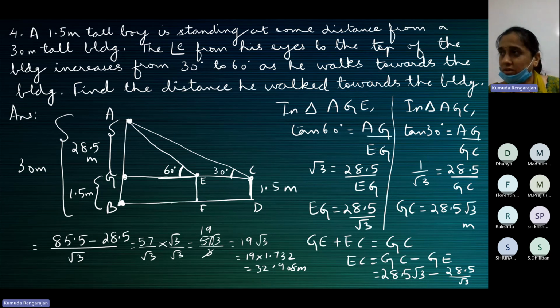Tell me, meaning you've simplified 28.5 by root 3 there itself, is it? 28.5 is common. Oh, that simplification you're saying. Okay, 28.5 common, so you'll get root 3 minus 1 by root 3. So it'll be 3 minus 1, 2 by root 3. Then 28.5 into 2 by root 3.